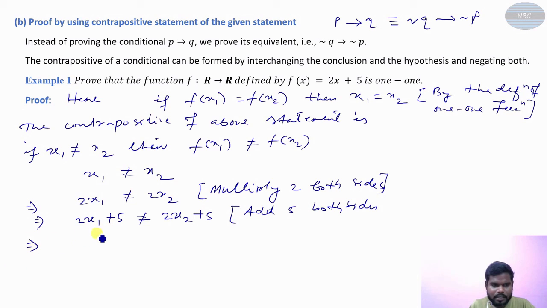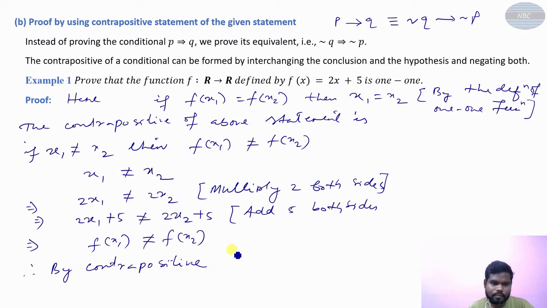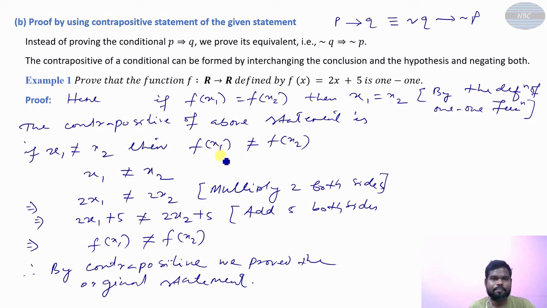Which implies 2x1 plus 5, which is f(x1), not equal to 2x2 plus 5, which is f(x2). So we start from x1 not equal to x2 and we arrived at f(x1) not equal to f(x2) by contrapositive. We proved the original statement. In this way you can prove any statement by using the contrapositive statement of the original statement.